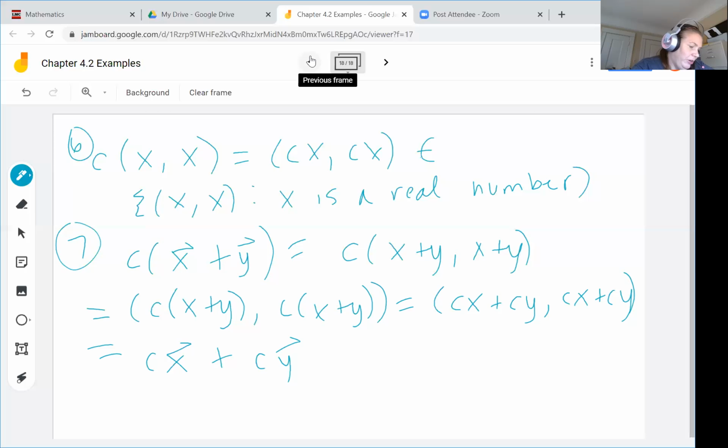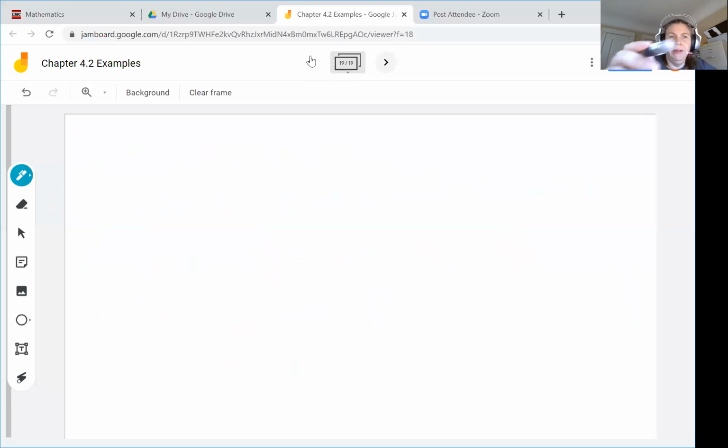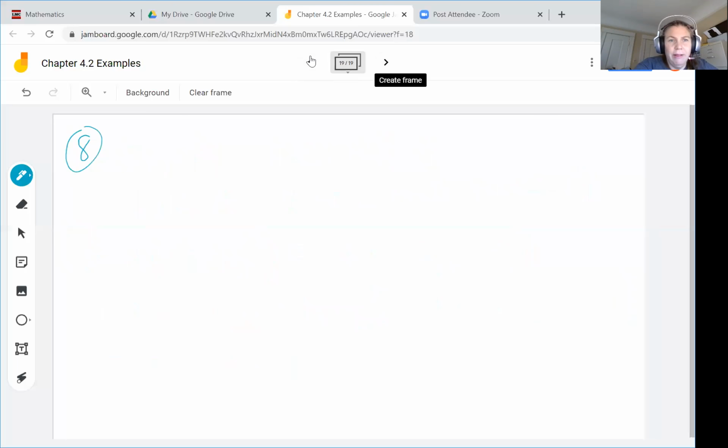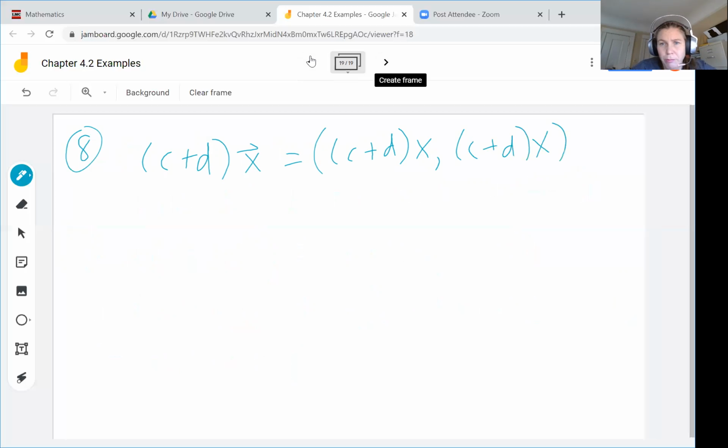And now we have to check the distributive property with adding scalars and then multiplying. So we have to check (c plus d) multiplied by vector x. So this is going to be (c plus d) times x in the first component and (c plus d) times x in the second component.